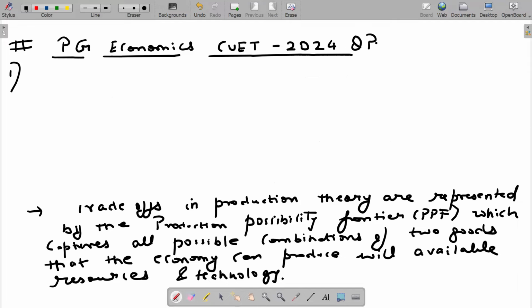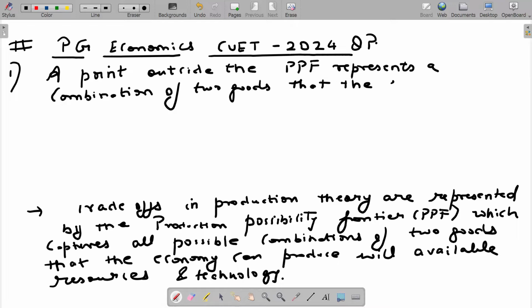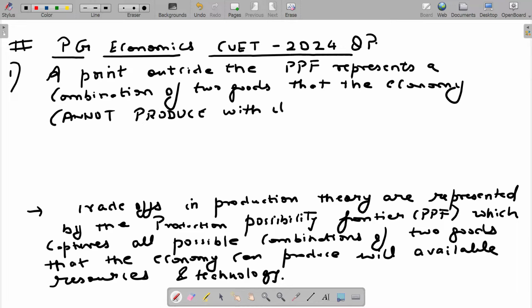So I can write that a point outside the production possibility frontier represents a combination of two goods that the economy cannot produce with its available resources and technology.